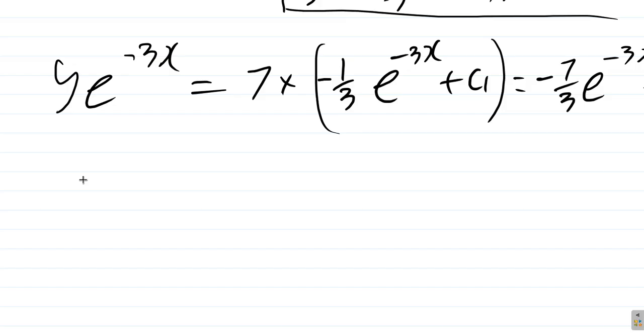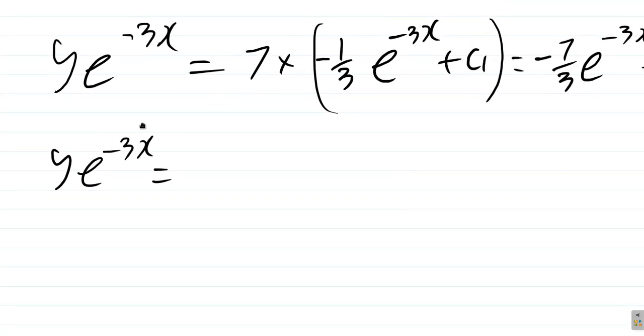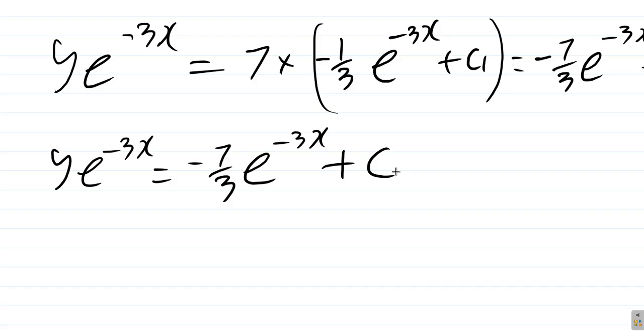Nothing wrong with that, but I just like to keep it as c. y e to the negative 3x is equal to negative 7 over 3 e to the negative 3x plus c.